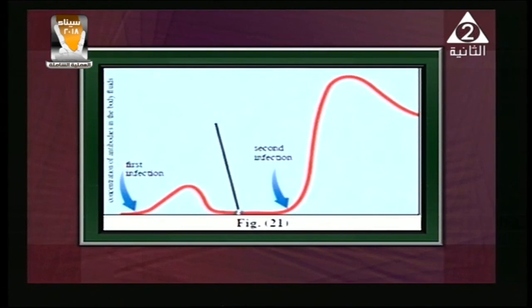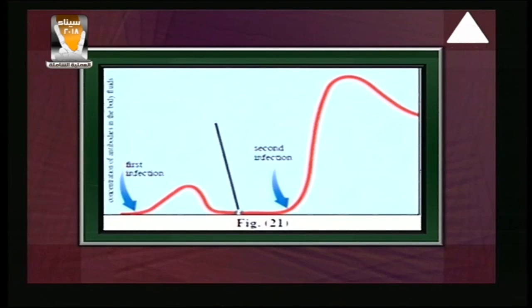Let me remind you that we have two stages here, the first infection and the second infection. As we said, the first infection takes much more time, a long time, while in the second infection we have memory cells inside your body that collected information.